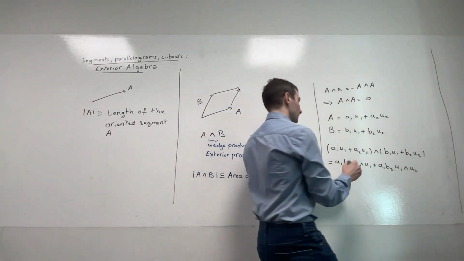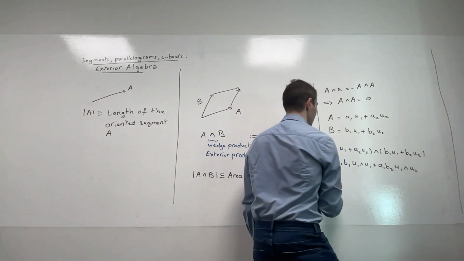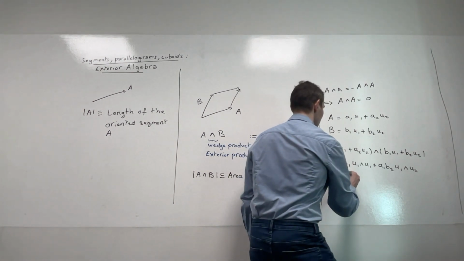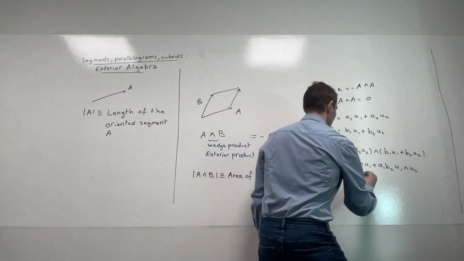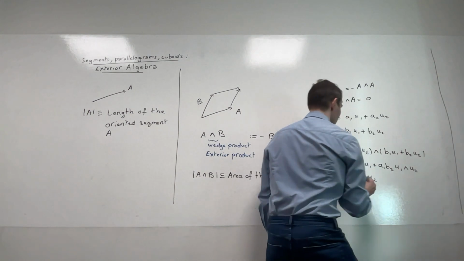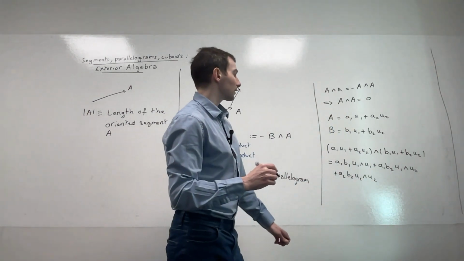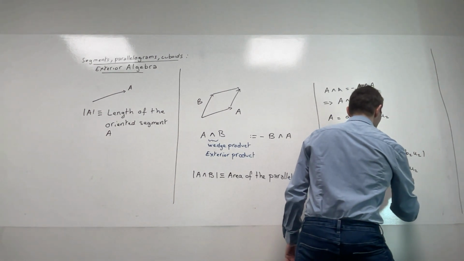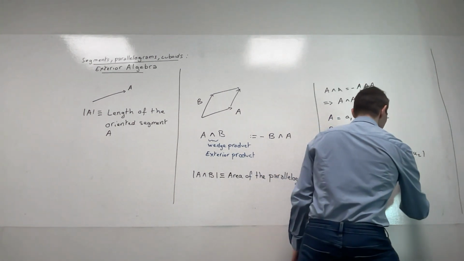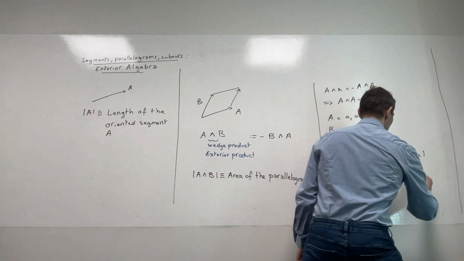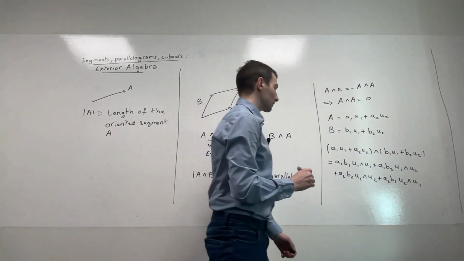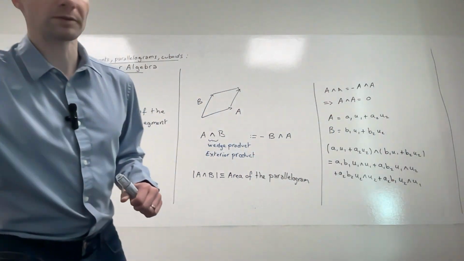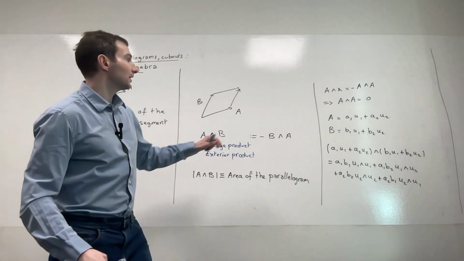Then below it we are going to get A2 B2 U2 wedge U2, and then plus A2 B1 U2 wedge U1.